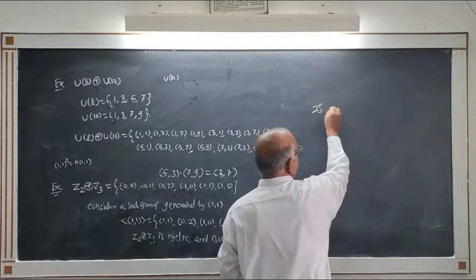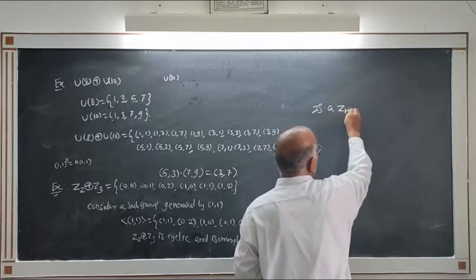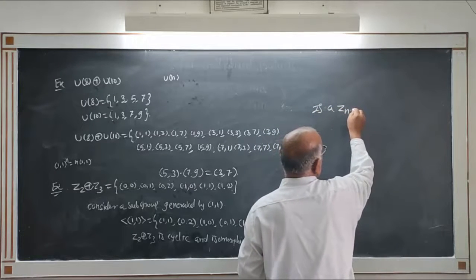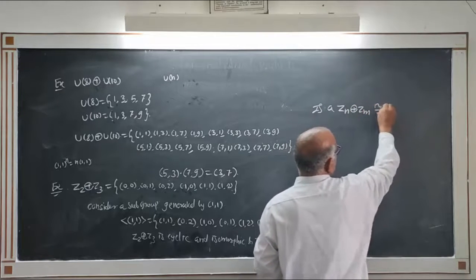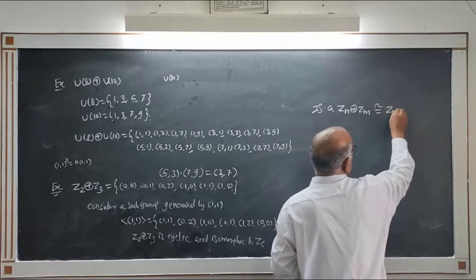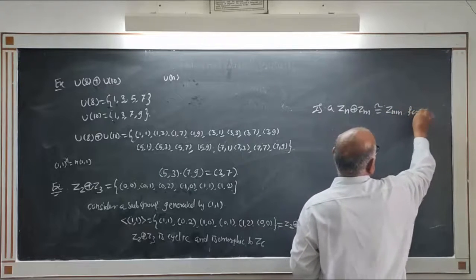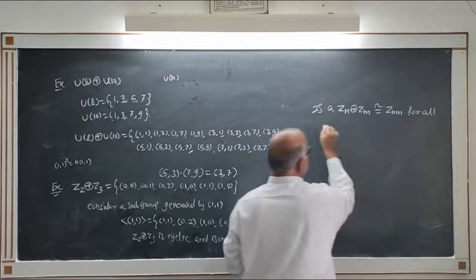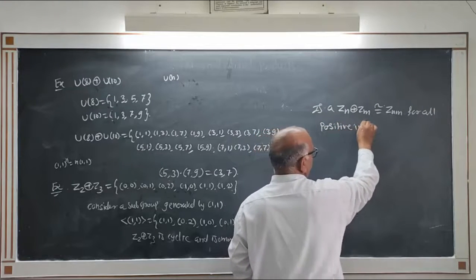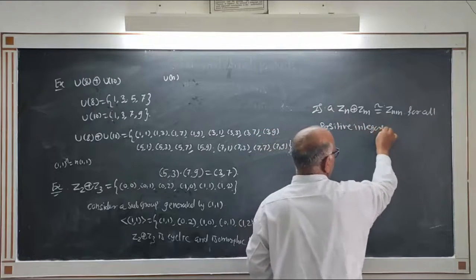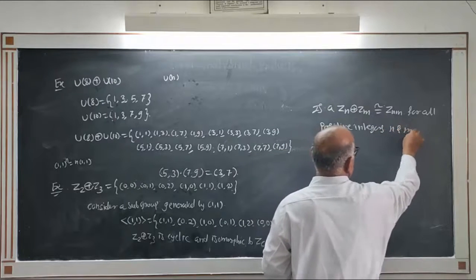Is Zn ⊕ Zm isomorphic to Znm for all positive integers n and m?